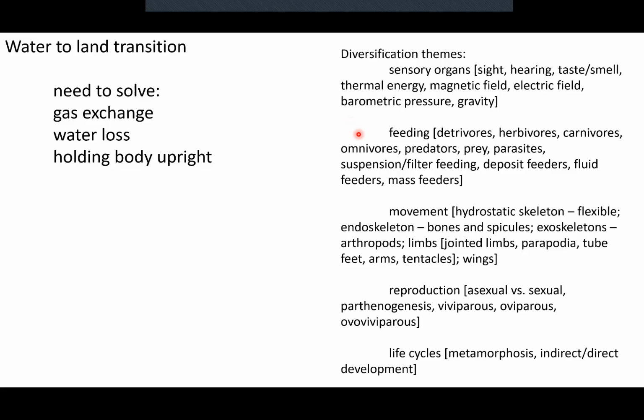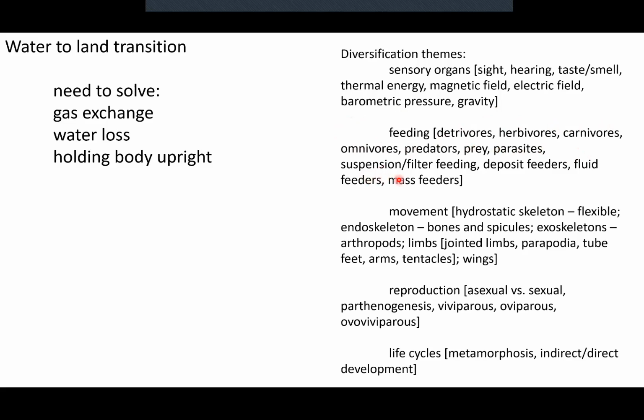Animals can get food sources in a variety of ways. You are probably familiar with the difference between herbivores, carnivores, omnivores. Detritivores consume dead material. There's predators and prey, parasites either within the body, endoparasites, or outside of the body, ectoparasites.